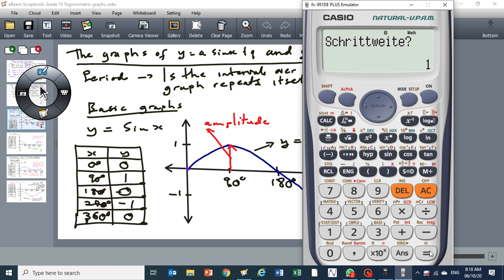For this graph of sine, the step is given by a formula, but you just have to memorize the step. The step is equal to 360 degrees divided by 4, and that gives you 90 degrees. So your step is 90. You put 90, then you press equals. It gives you the table.